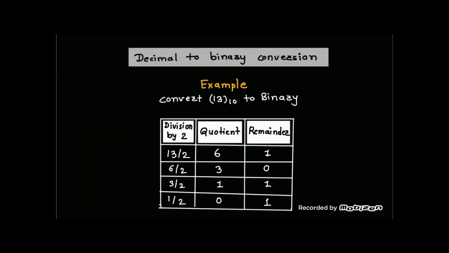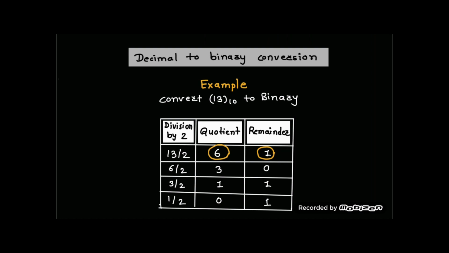Now we will see this example, conversion of decimal number 13 to binary. In this we will follow our steps. First, 13 divided by 2, we got quotient 6 and remainder 1.